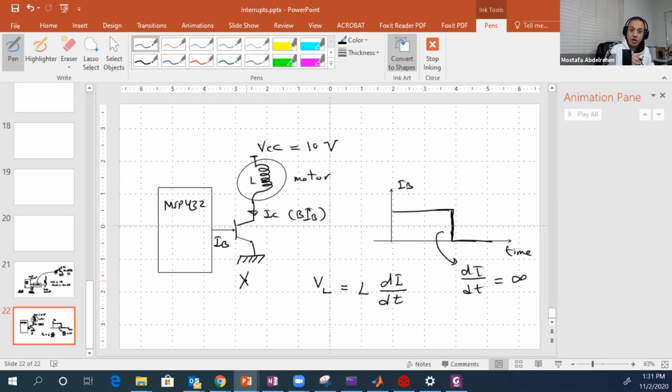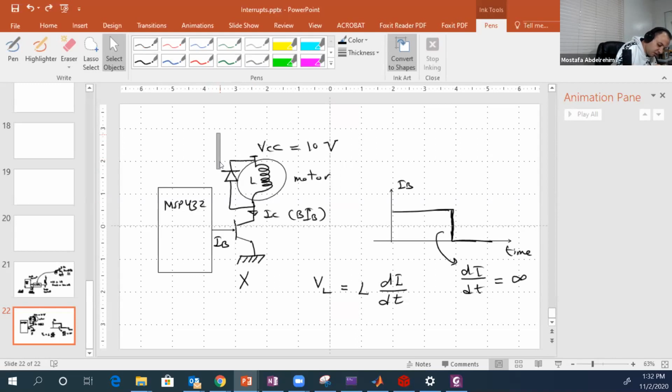The transistor will just burn. So we need something to absorb such a change, and this is actually the diode. This diode here will do that for us.